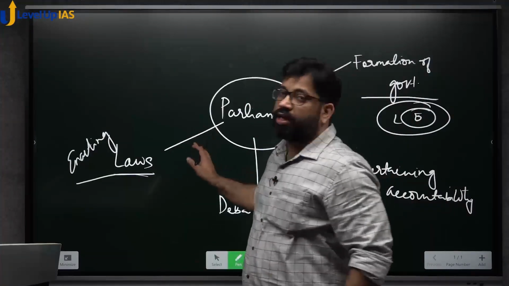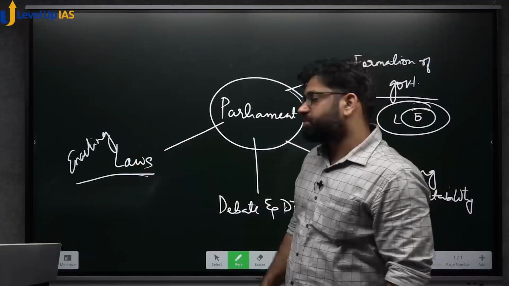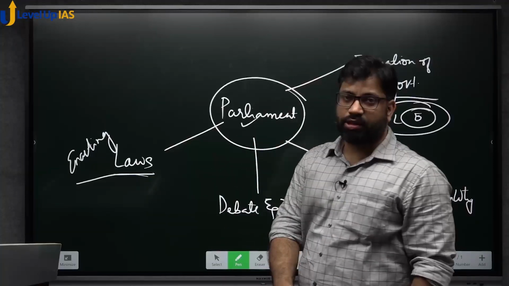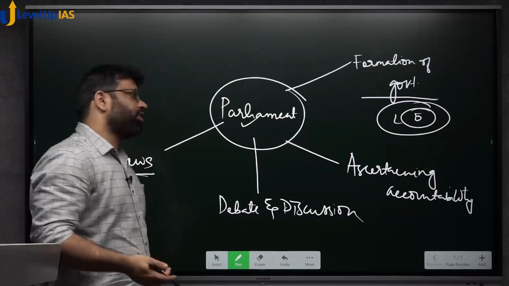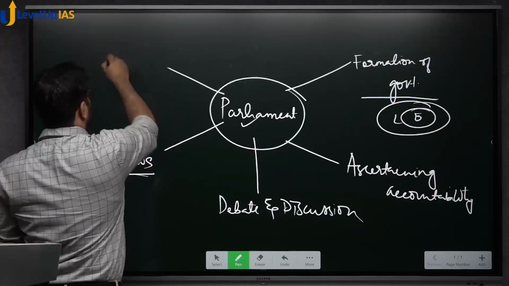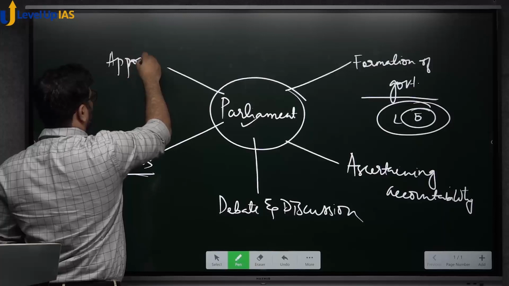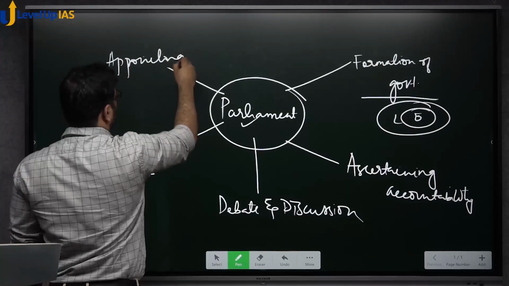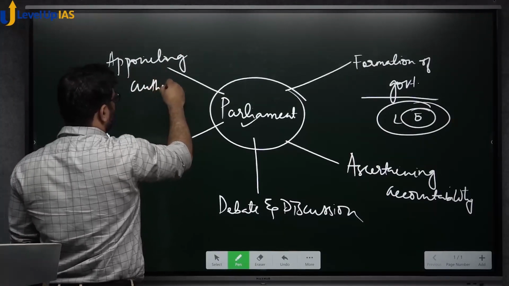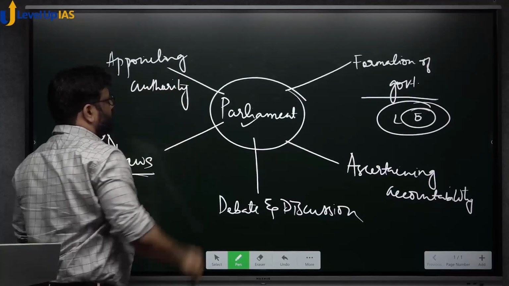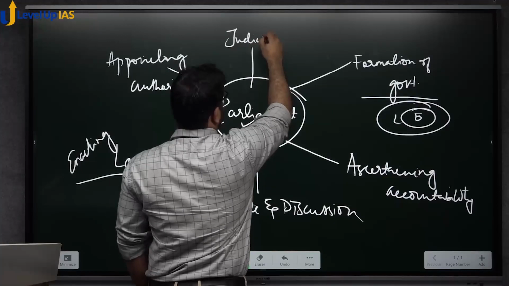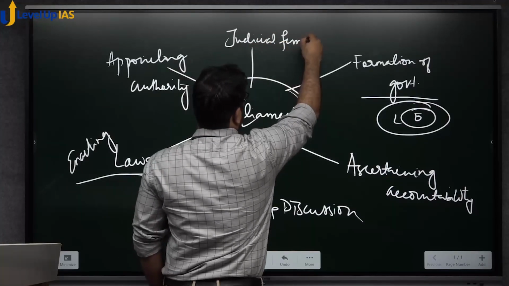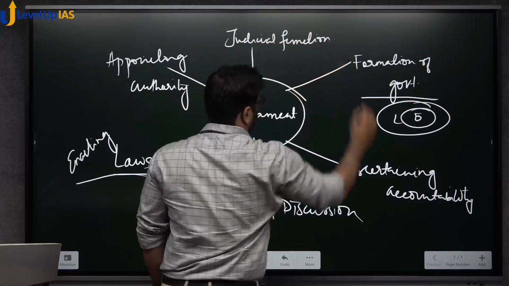Now, how is that collective decision taken? It is taken through an institution known by the name of parliament. Other than this, you'll also see a lot of peripheral functions, like it acts as an appointing authority for many of the other institutions. Fine, it has some judicial functions as well, like impeachment and all.